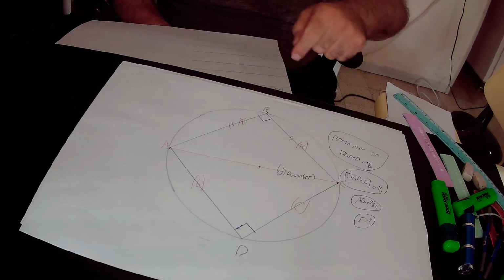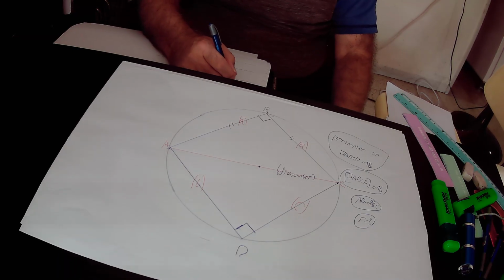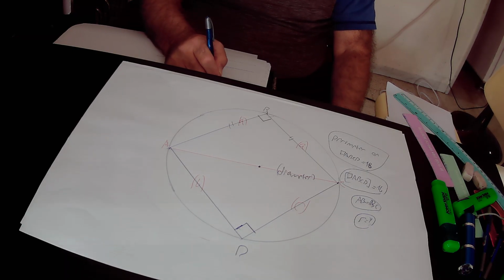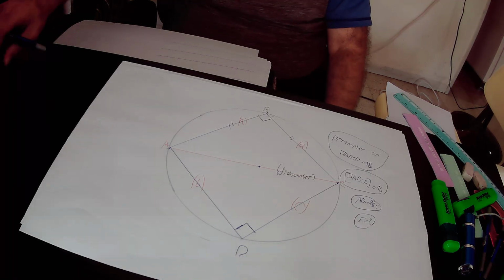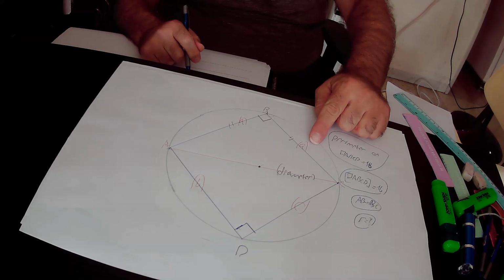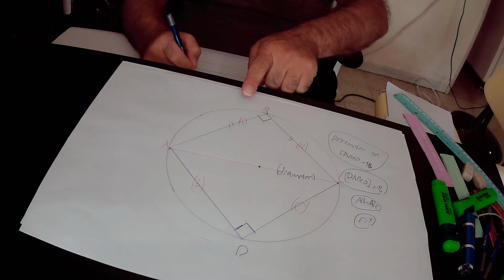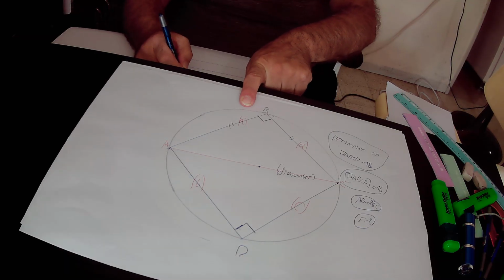AC is the missing side, so AC squared equals AB squared. AB is A, therefore AB squared is A squared, plus BC squared. BC is also A, so BC squared is A squared.